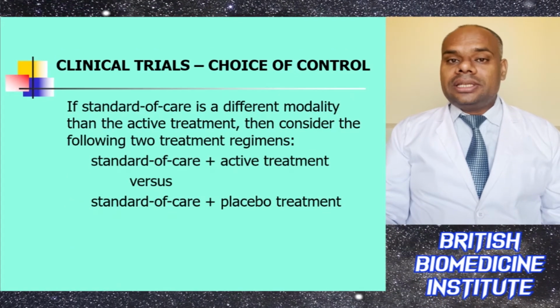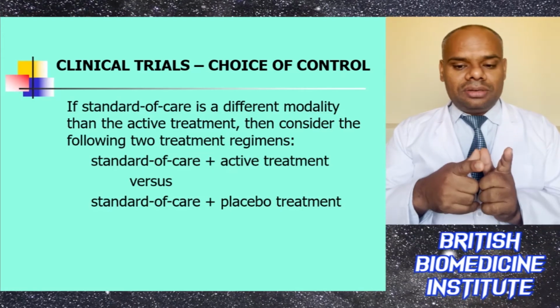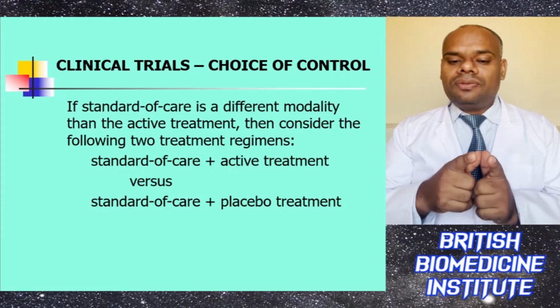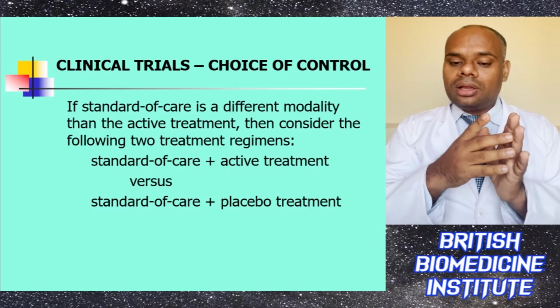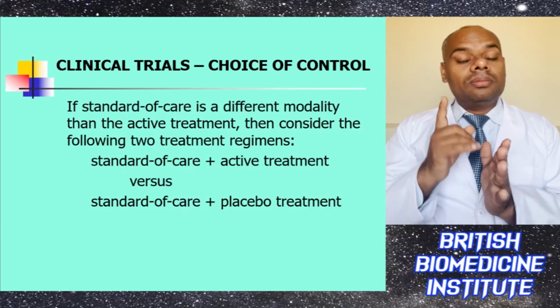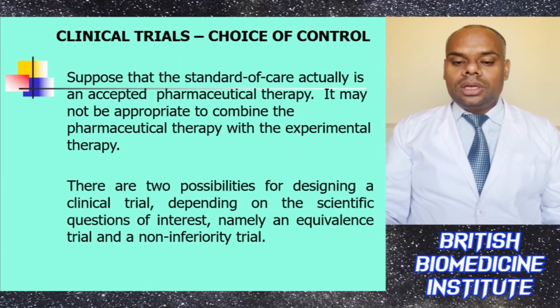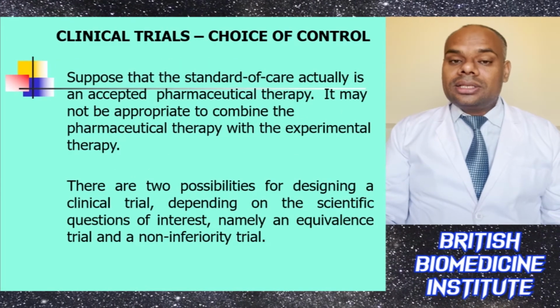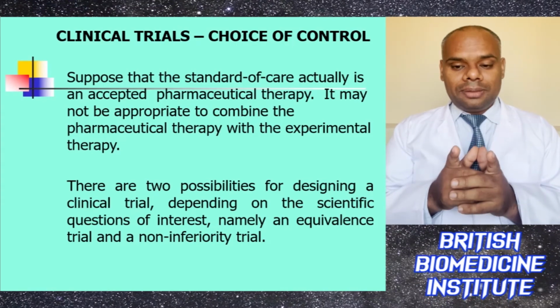If the standard of care is a different modality than the active treatment, then consider the following two treatment regimens: standard of care or your active treatment versus standard of care and placebo treatment. Suppose that the standard of care actually is an accepted pharmaceutical therapy.